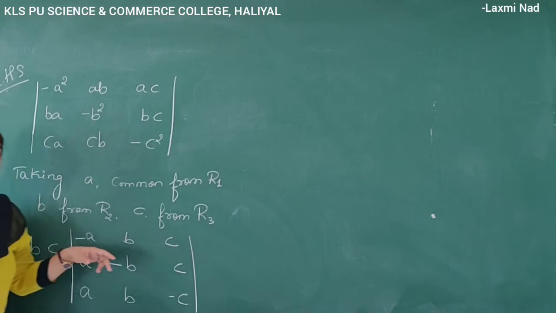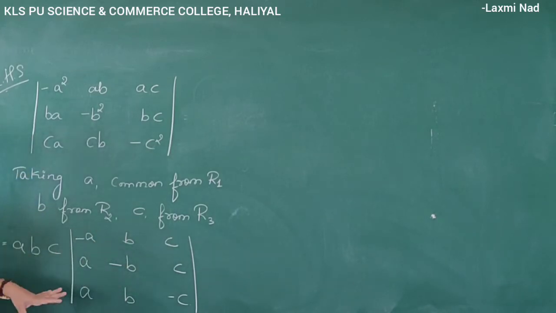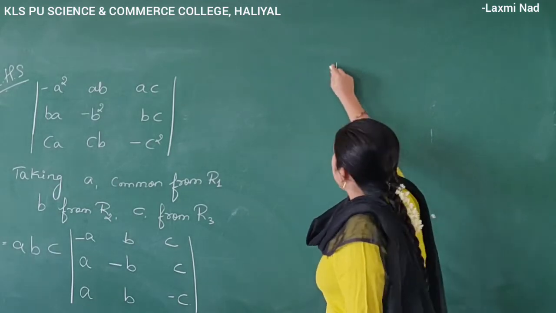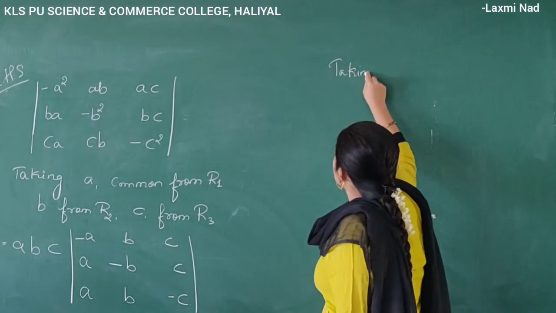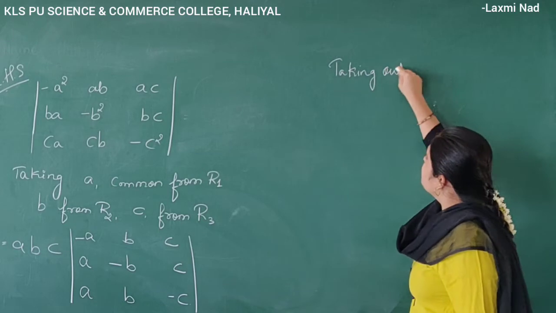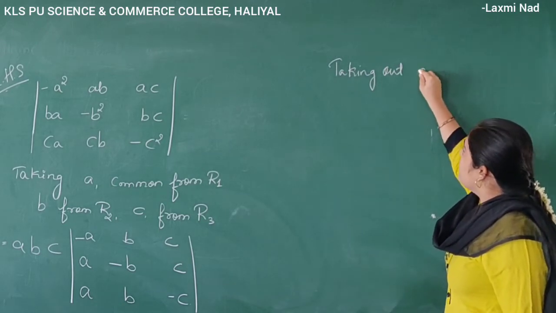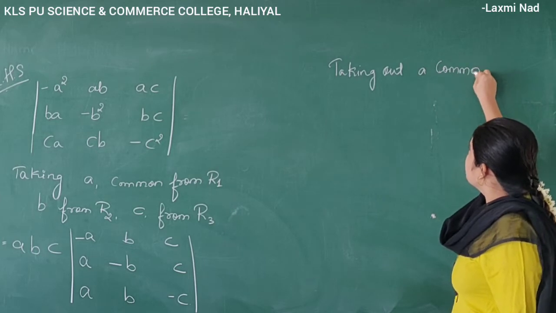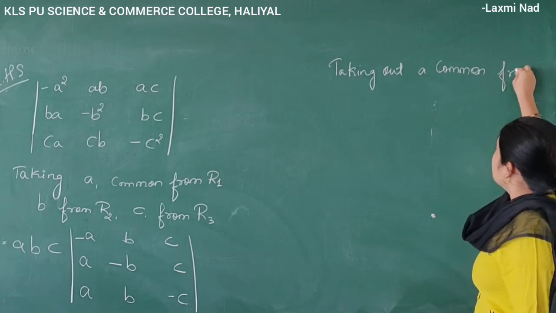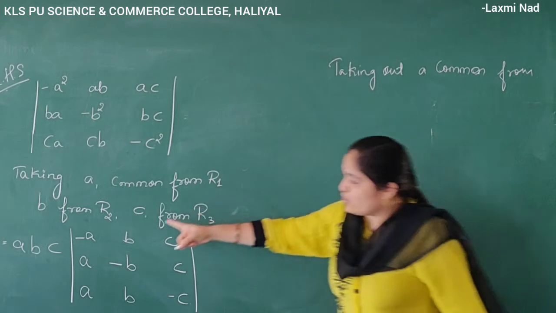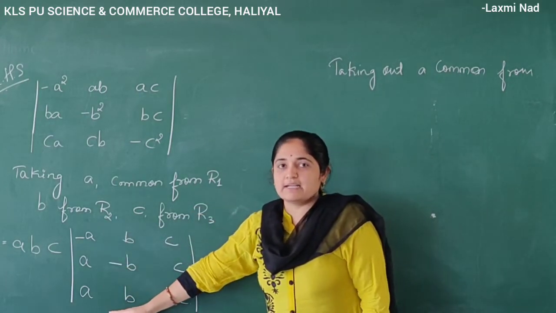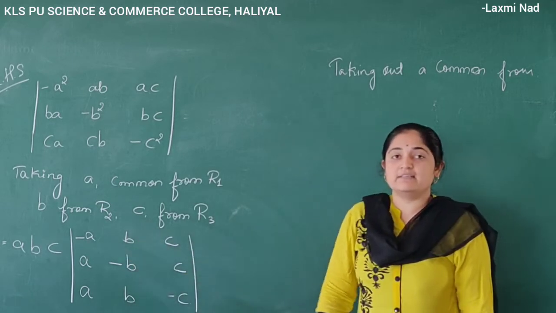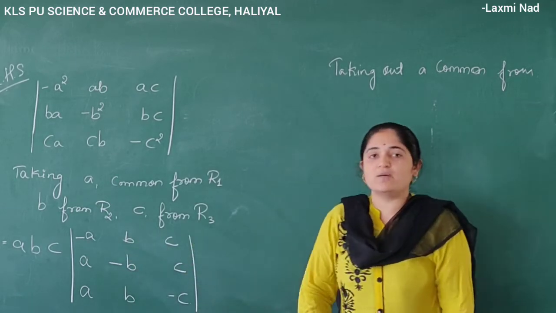Well, already we got a, b, c, but we want a square, b square, c square. Again, what we need to take here is a common from the columns. You observe that the first column has all elements containing a, say minus a, and a. In the second column b, and in the third column c.